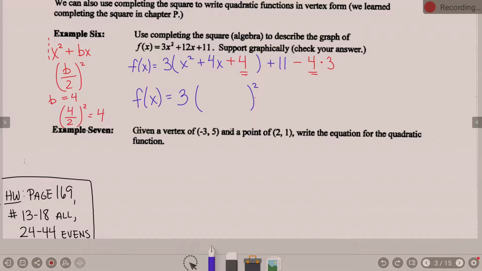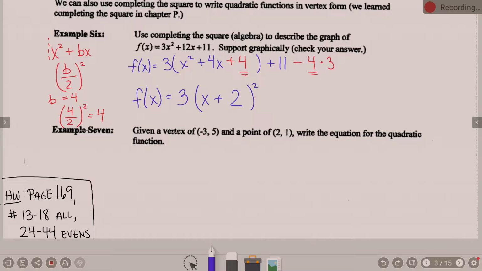X squared breaks into x in one parenthesis, x in the other parenthesis, right? You could ask yourself what multiplies to 4 and adds to 4. And what are those numbers? 2 times 2, right? Or really what we're doing is, what's the square root of 4? The square root of 4 is 2. Use the same sign from the middle sign, so it's plus 4x, so we're going to say plus 2.